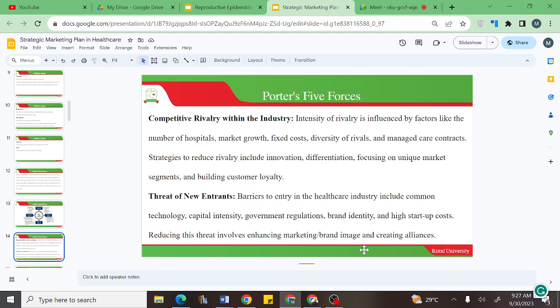You can also make sure that the services that you're offering are distinct and unique. Okay, or you can decide to actually serve a given segment of the market.